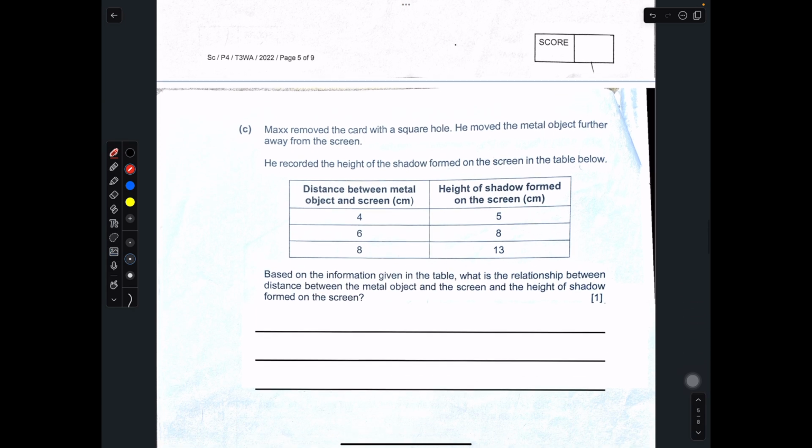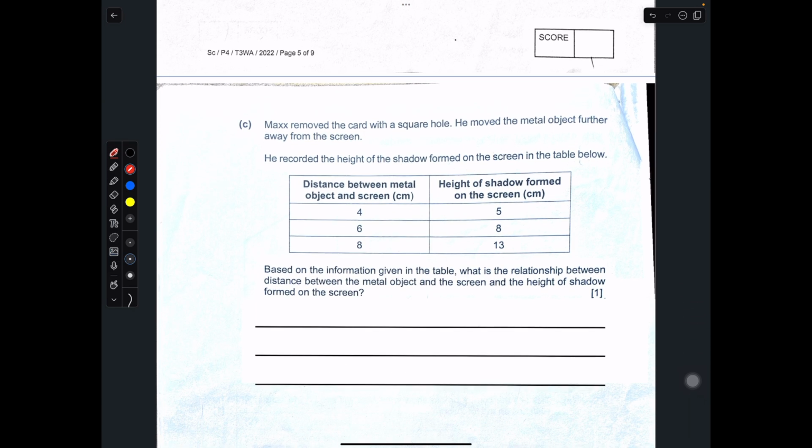Max removed the card with a square hole. He moved the metal object further away from the screen, which means it is nearer to the light source.